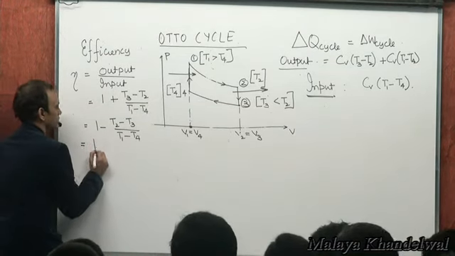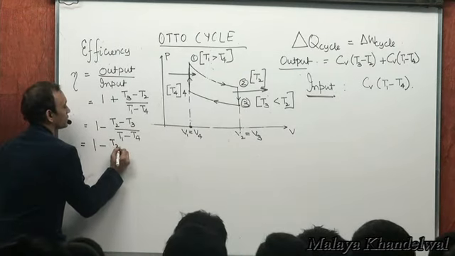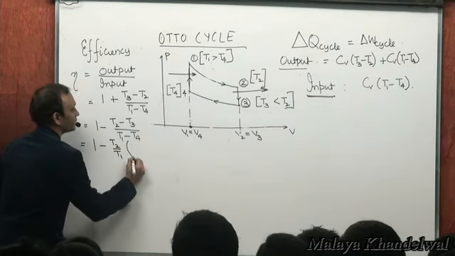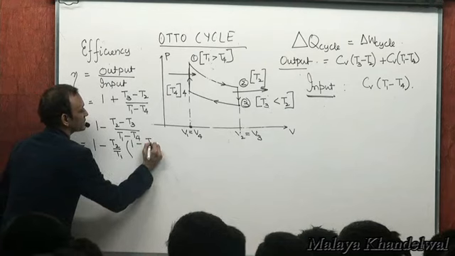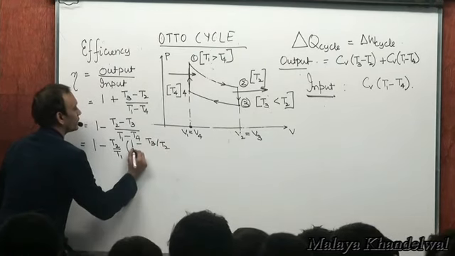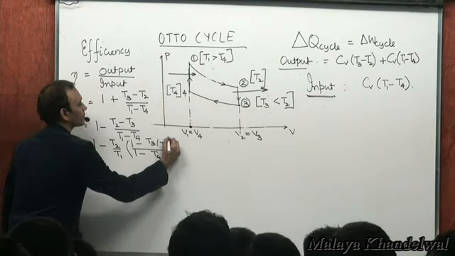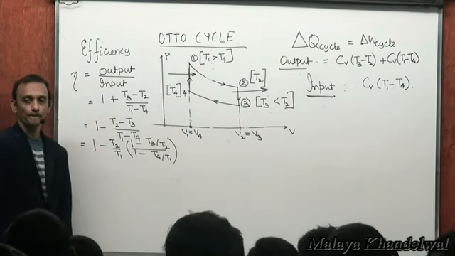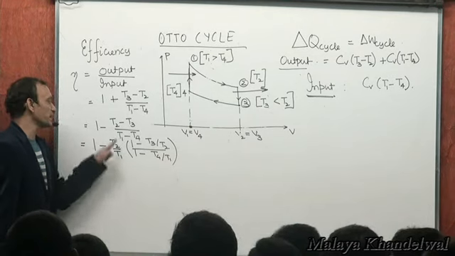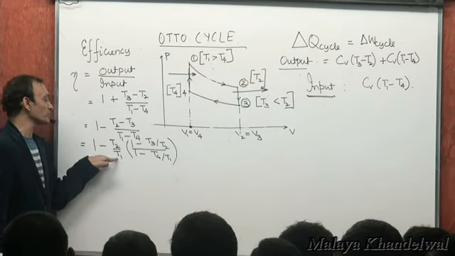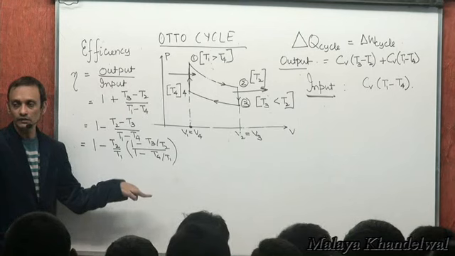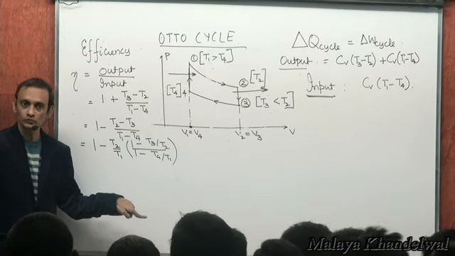I could have then written this as 1 minus T2 by T1 into 1 minus T3 by T2 divided by 1 minus T4 by T1. Taking T2 common from the numerator and T1 common from the denominator. This is what I get. Yes or no?